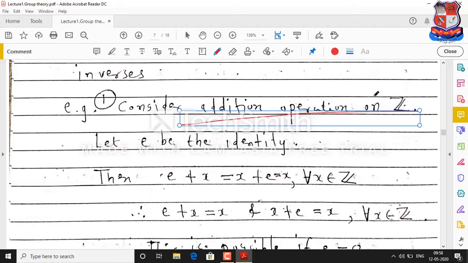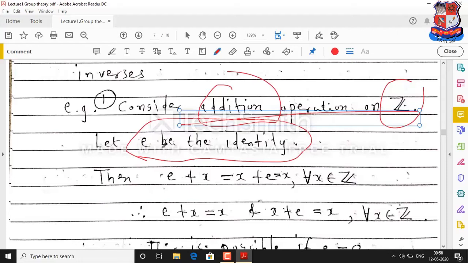First you assume that suppose that set has identity with respect to given operation and use the definition. So here I assume that suppose Z has identity. If Z has no identity, then I will get some contradiction. So we will go in reverse way to find out the identity of a given set with respect to given operation. So I want to find out what is the identity of Z with respect to addition operation.